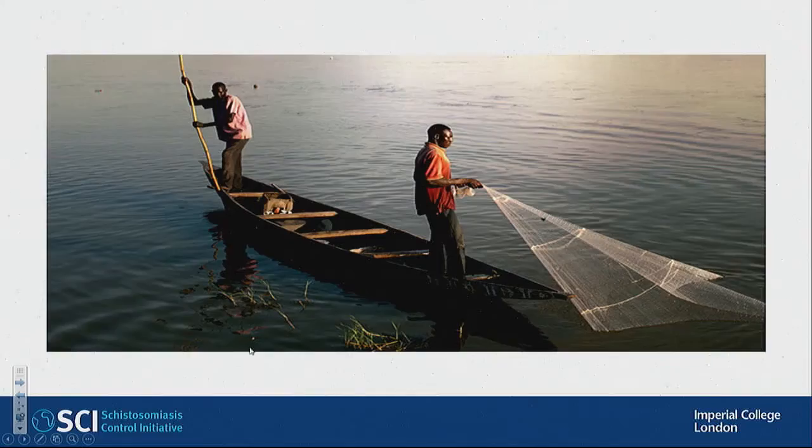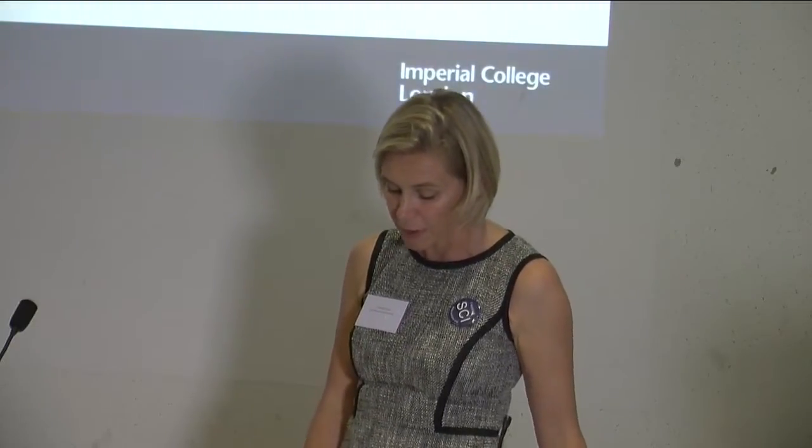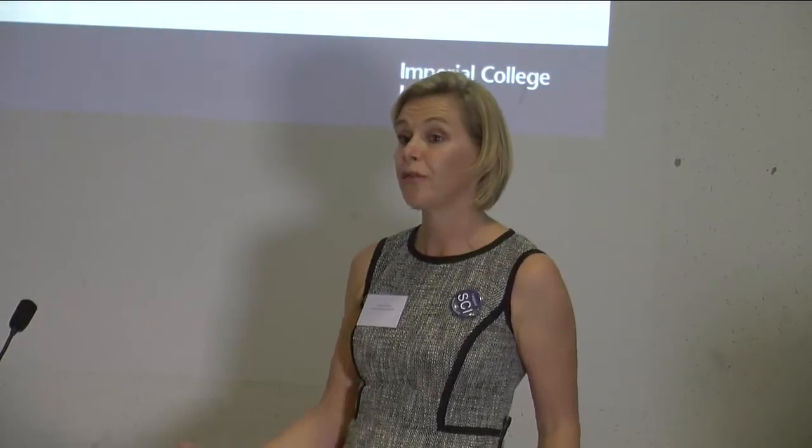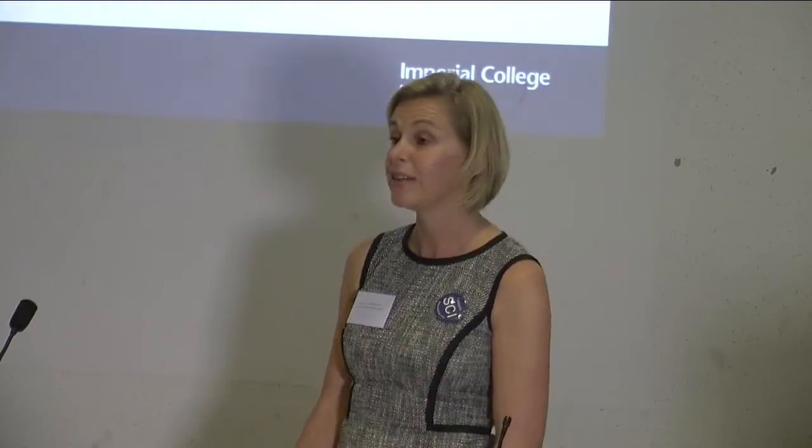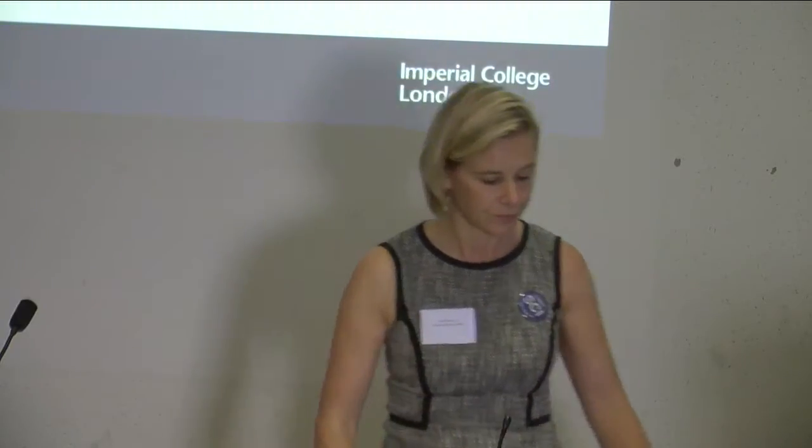And as we know, NTDs are both a cause of poverty, with their disabling symptoms reducing children's ability to learn and develop, and ultimately to contribute to productivity in their communities. But also, they are a consequence of poverty and thrive in conditions of poor water and sanitation and of lack of access to health.